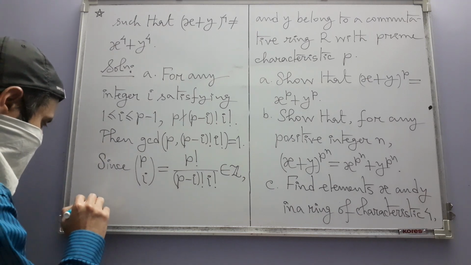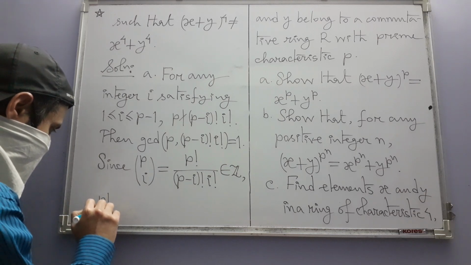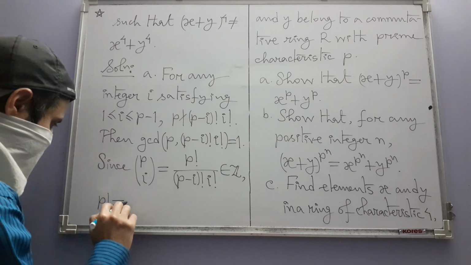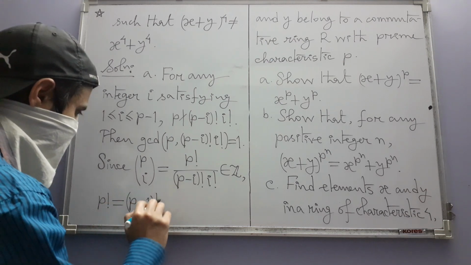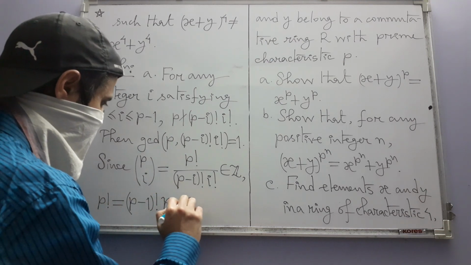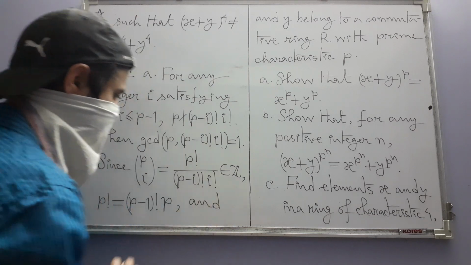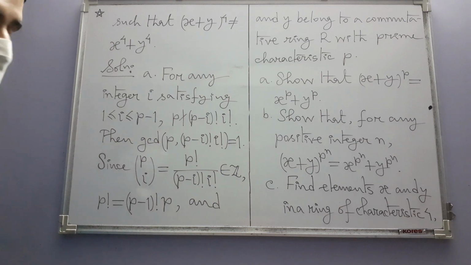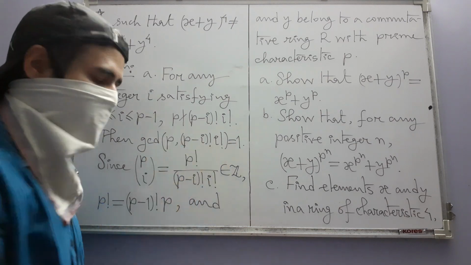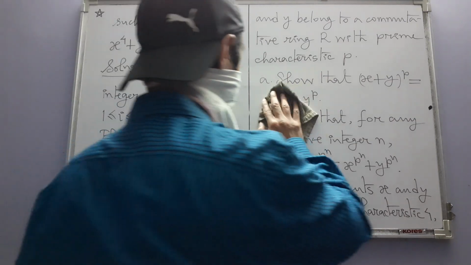So that is one thing. And also P factorial is of course (P minus 1) factorial times P. Now combined with these two things, the relative primality of P and this, what do you get?